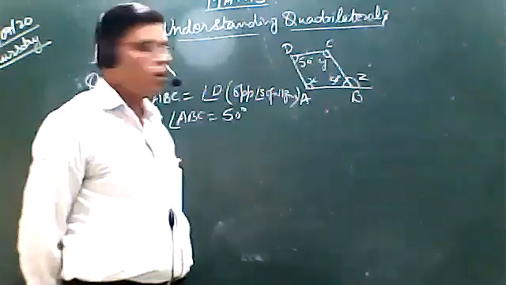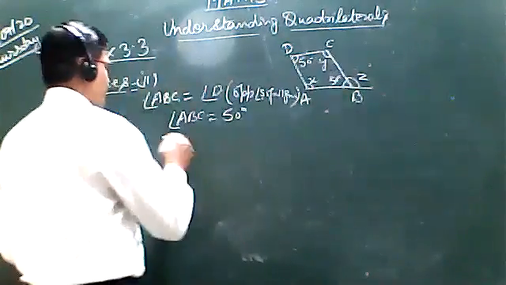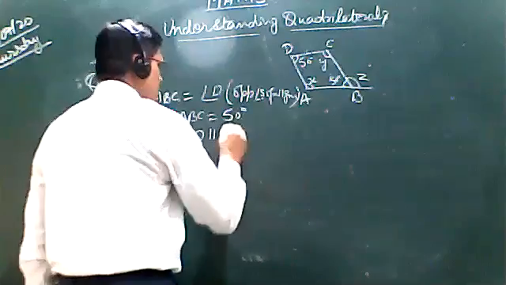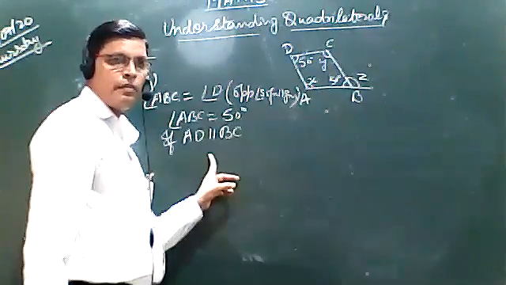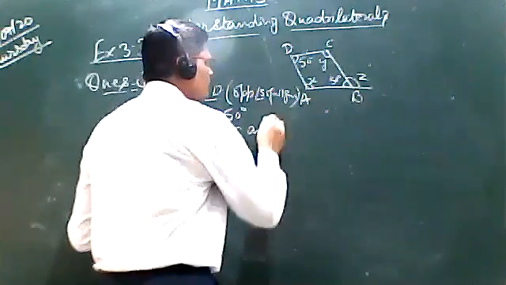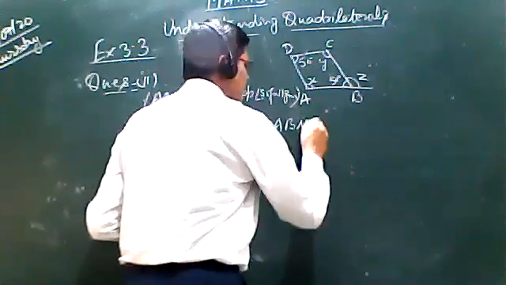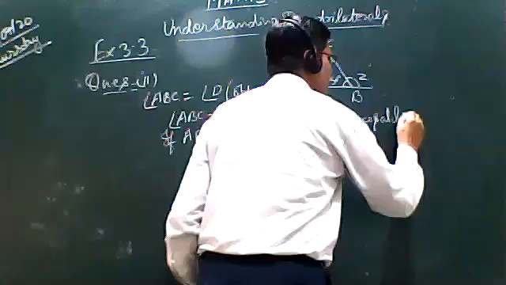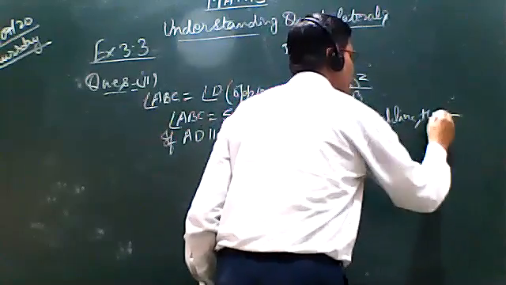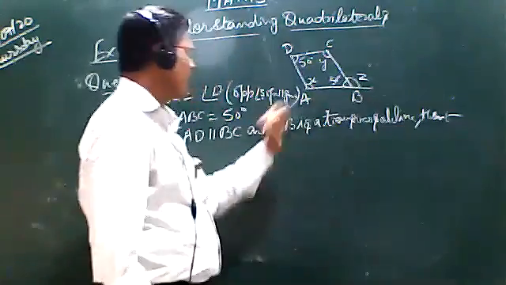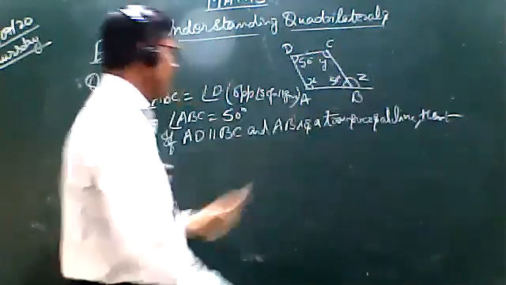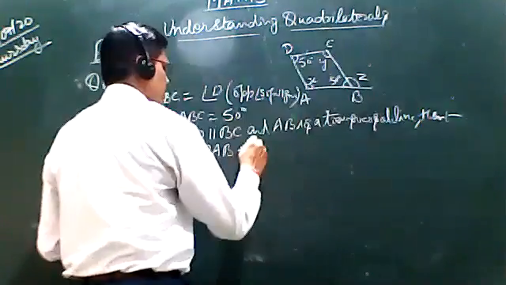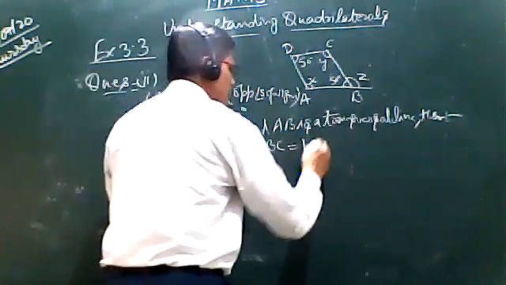And in previous classes, we know if AD is parallel to BC, and AB is a transversal line, then angle DAB plus angle ABC is equal to 180 degrees.